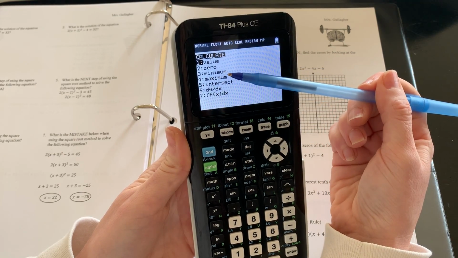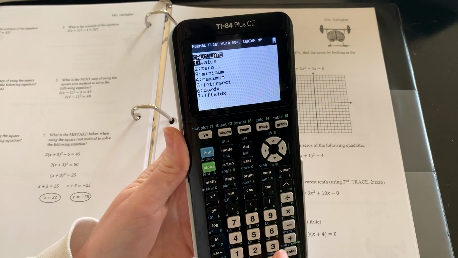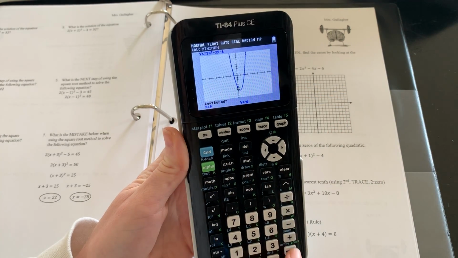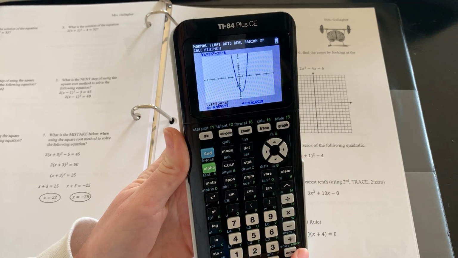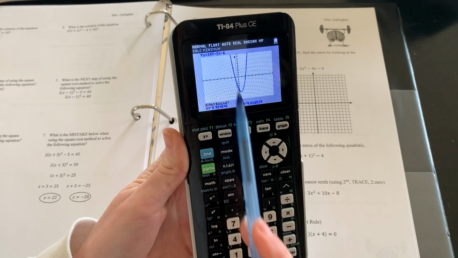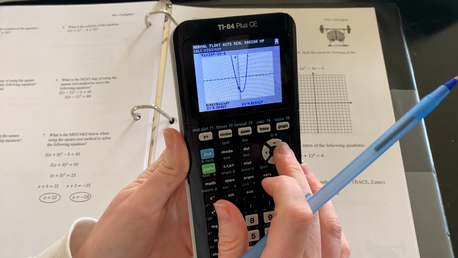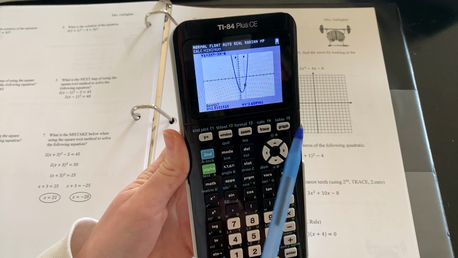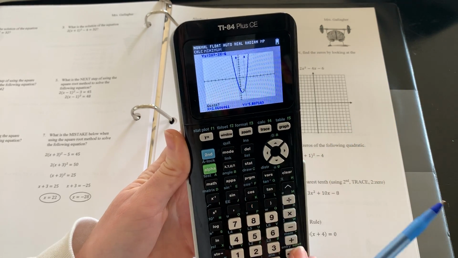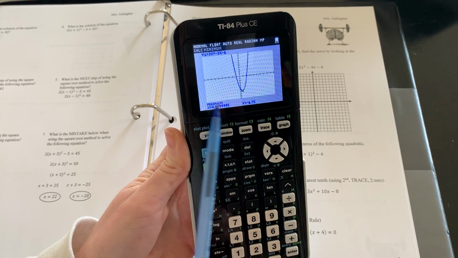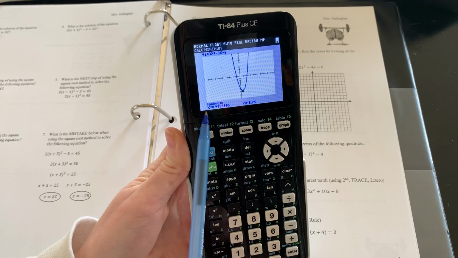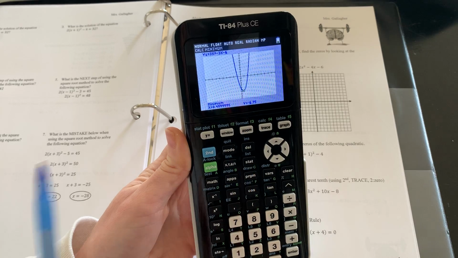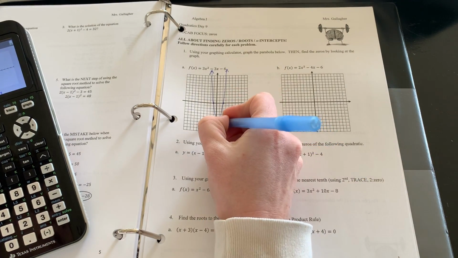In our case, that parabola has a minimum, so we press 3, and as long as we're to the left side of that vertex, it's going to create a left wall, indicating where I want the calculator to look between the left wall and the right wall, and then guess. Once it doesn't have any more question marks and it tells you the word minimum, that's your minimum. So in fact, it's at 0.5, -6.75. So that would be the vertex.